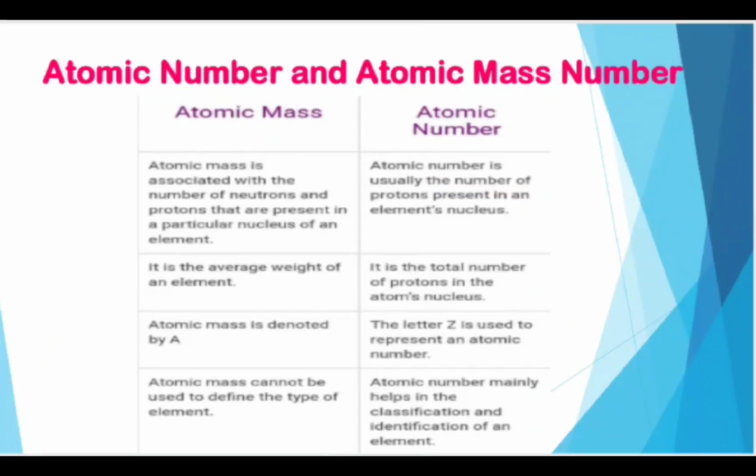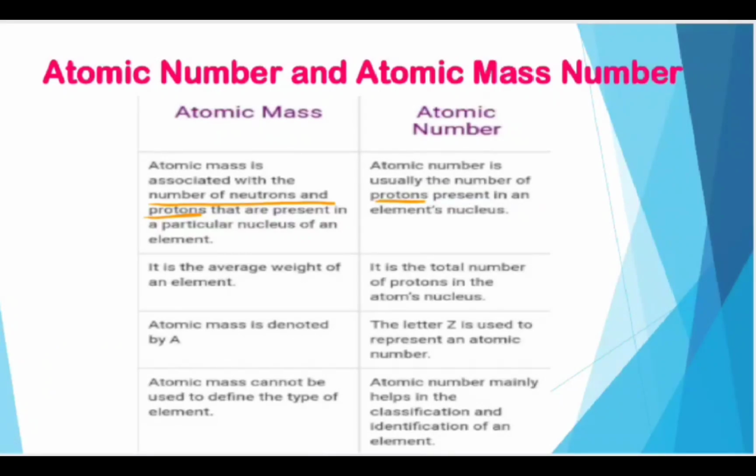Atomic mass is associated with the number of neutrons and protons present in the nucleus of an element, whereas atomic number is usually the number of protons only.